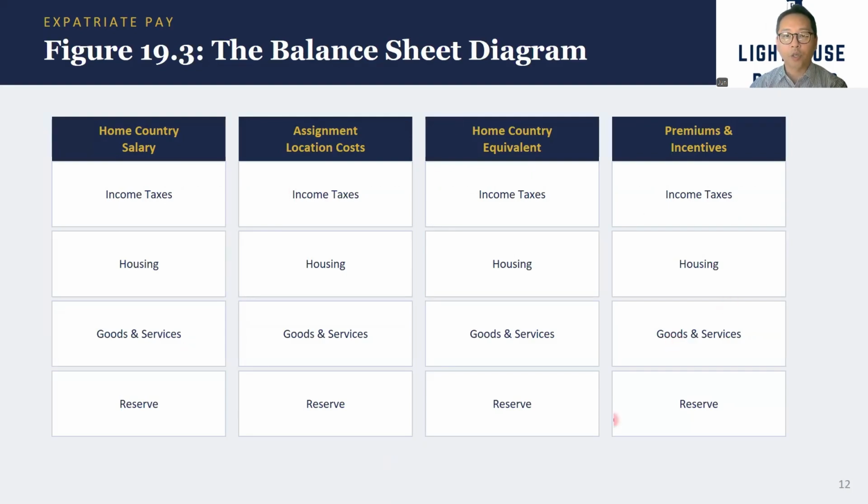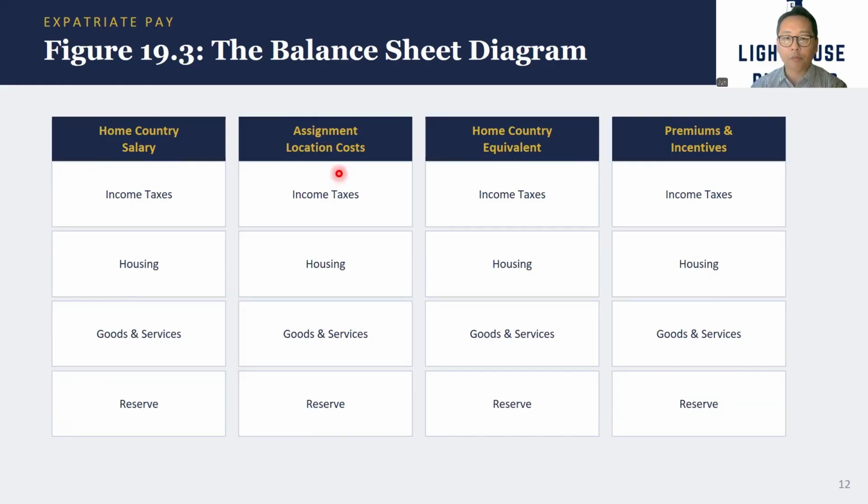This slide shows the balance sheet approach in visual form. Read it as 4 columns, moving from left to right. The first column represents the employee's home country salary, broken into income taxes, housing, goods and services, and reserve, meaning saving and pension contribution.